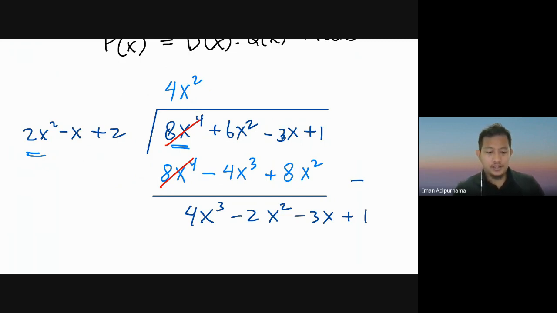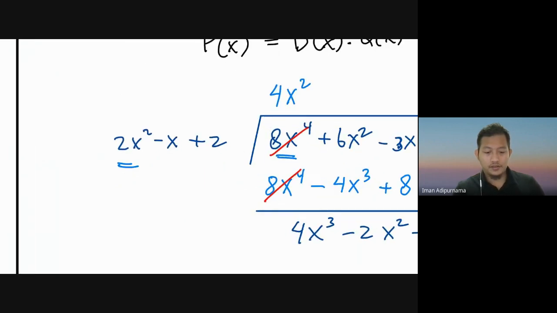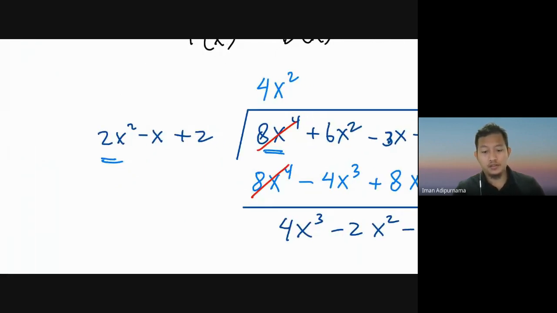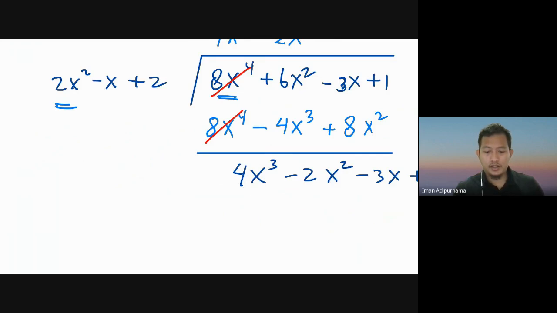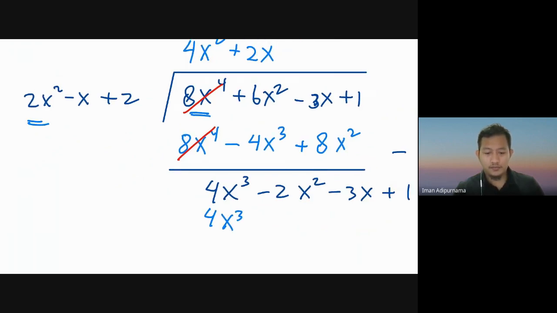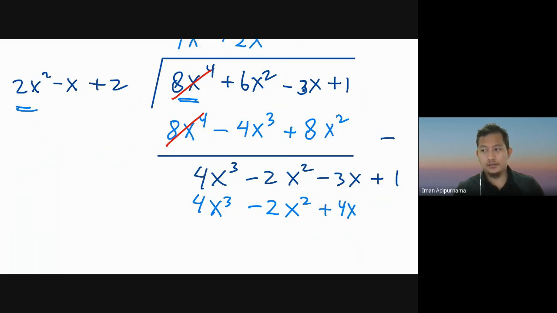Now we have x cubed, so we need to multiply once more by x, and also by 2. So we multiply by plus 2x, and we get 4x cubed, minus 2x squared, and plus 4x.